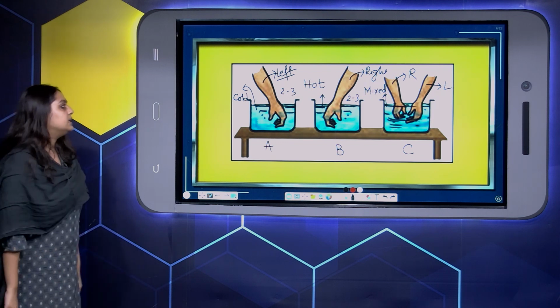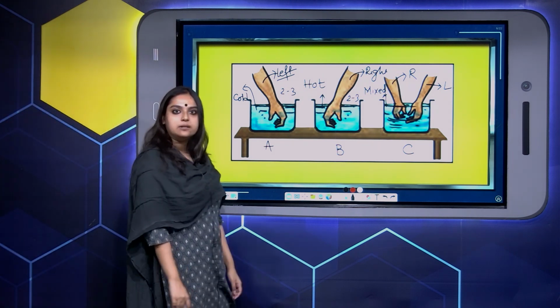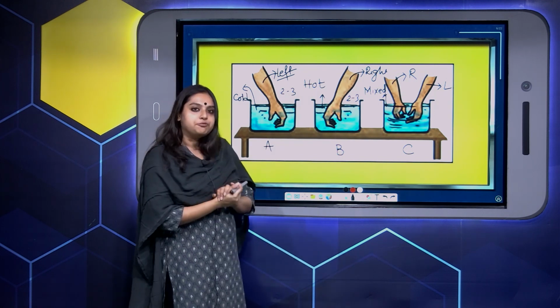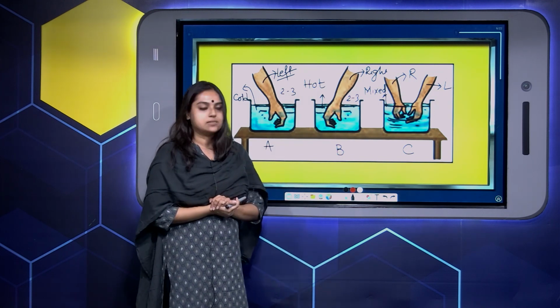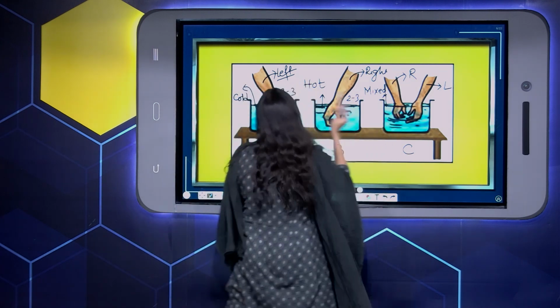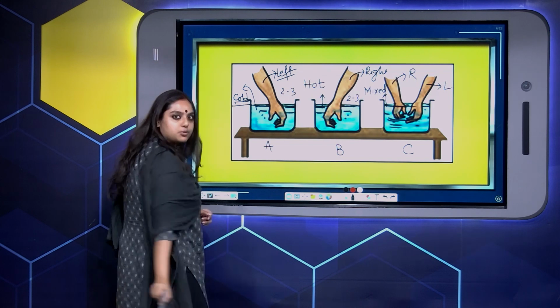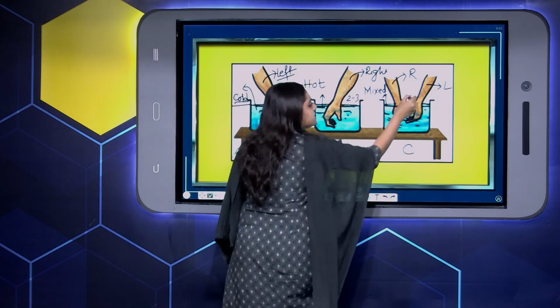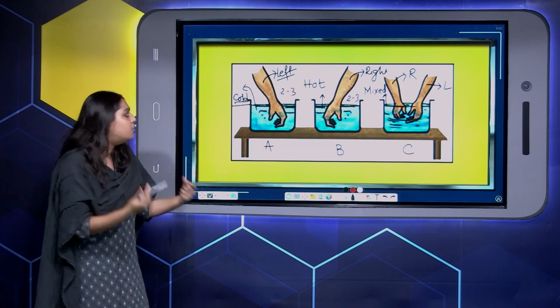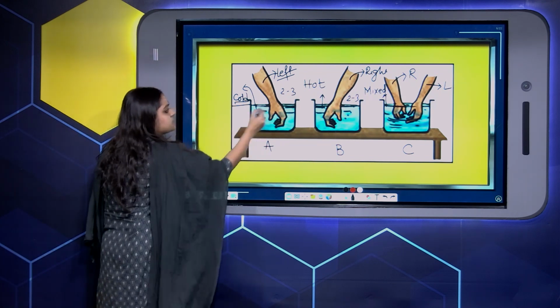right? Now, what do you feel? You will be feeling different for both the hands. Why? Because your left hand was earlier cold, right? Now it is dipped into a mixed water whose temperature is more than the temperature of this water.